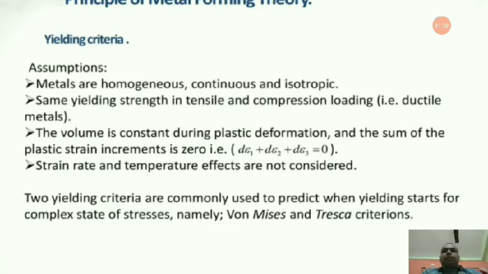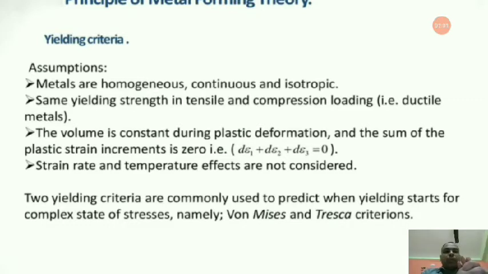Yielding means when you apply a small amount of force, you get a huge amount of deformation. That means here the stress and strain are not proportional to each other. By applying a small amount of stress or load, the material deforms plastically. That is the phenomenon known as yielding.